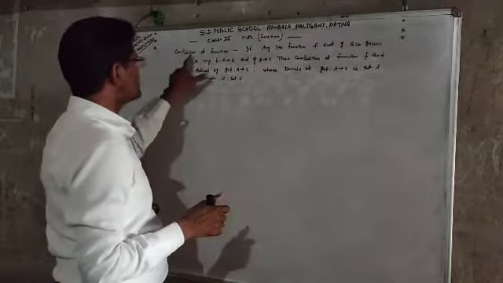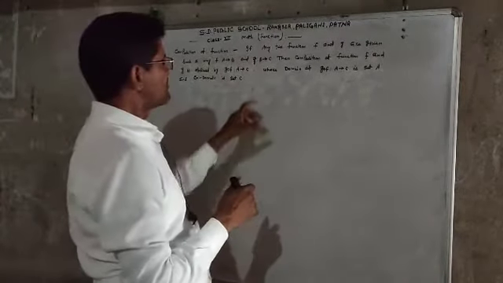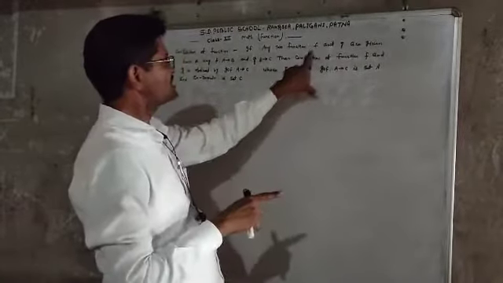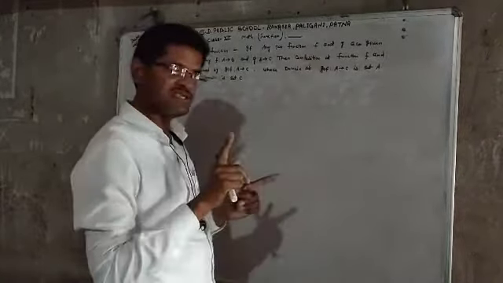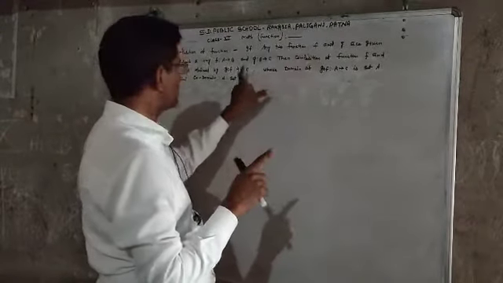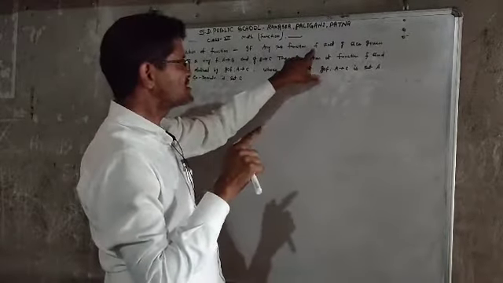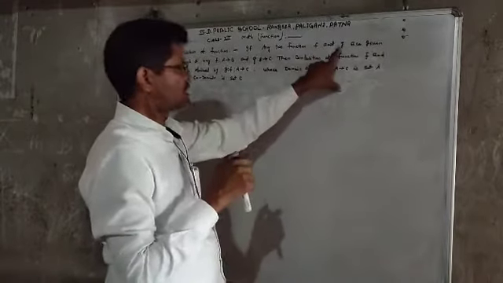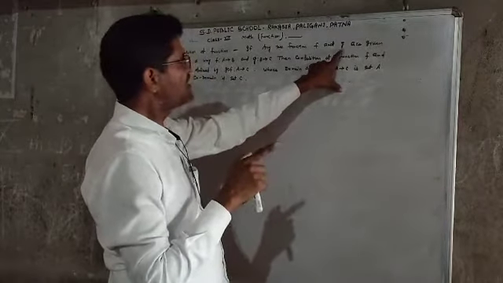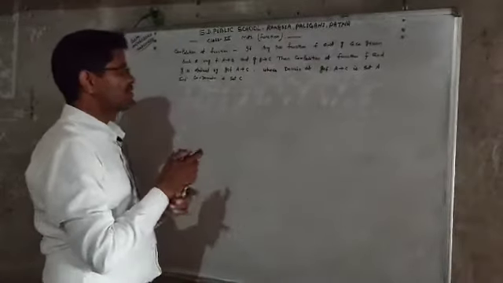The definition is given as follows: suppose two functions are given, one function is f and the second function is g, where the domain of function f is A and the codomain of function f is B. The domain of function g is B and the codomain of function g is C.